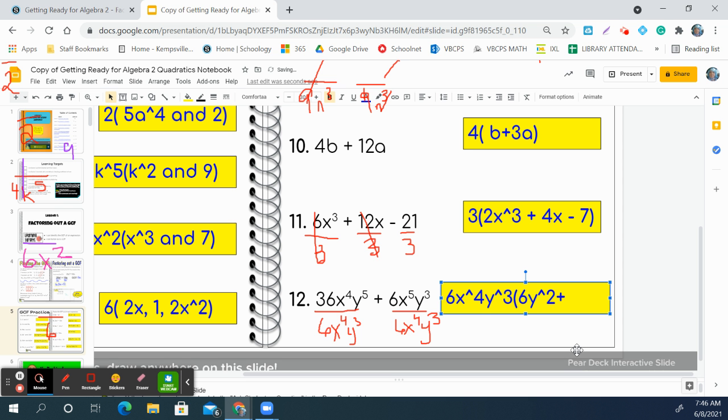You might need to make your box bigger. 6 divided by 6 is 1. Those cross out. So the 6's cross out. What about the x's? What's left over when I divide the x's? 1x. And then what's left over when I do the y's? Nothing. Boom.